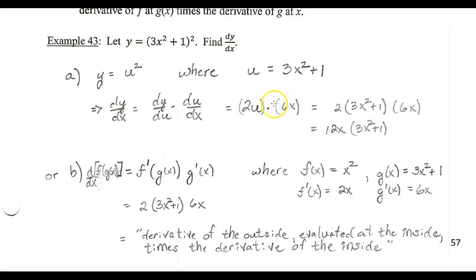But I can't leave it in that form. I have to put u back in terms of what it is because I need everything to have x's in it, no u's included. So that's 2 times u, but u is 3x squared plus 1, times 6x. I could distribute all the way through, but I'll just multiply the 2 times 6x and get 12x times 3x squared plus 1.